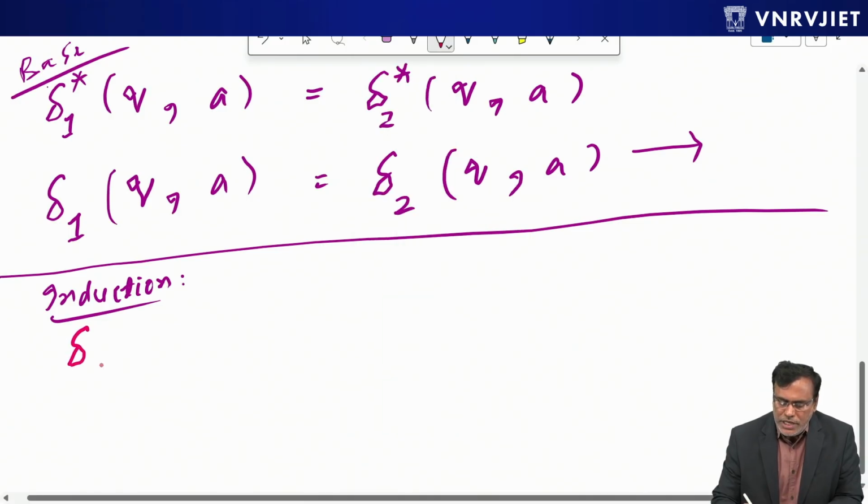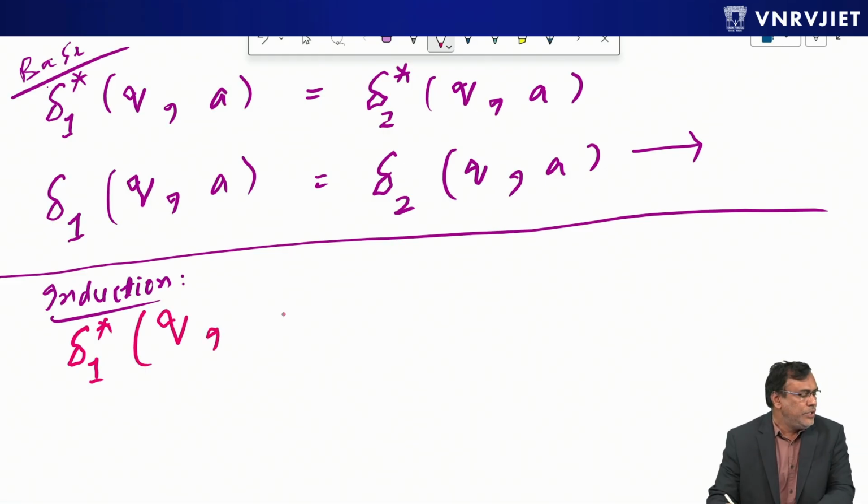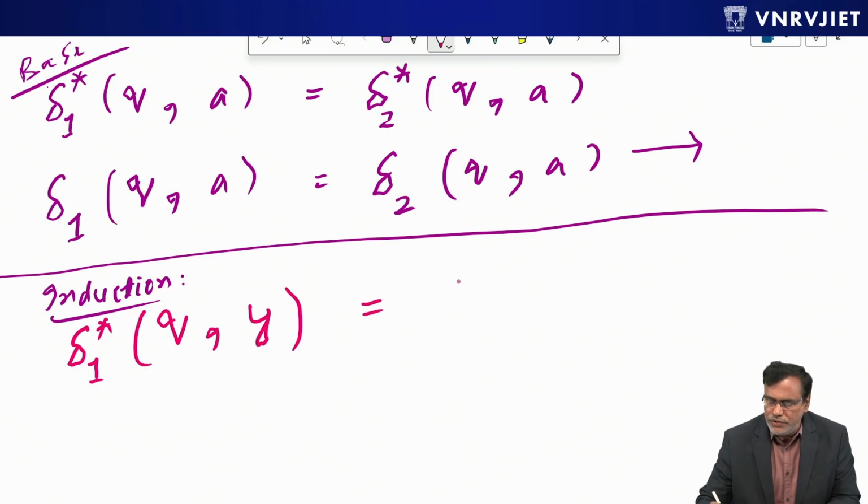What I am assuming here is delta 1 star of QY equals delta 2 star of QY. Just like for one input symbol, we assume they both accept the same language, in the sense they are equal to one another.